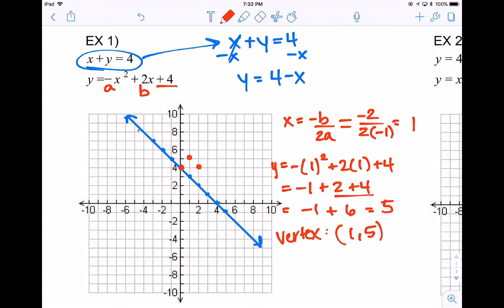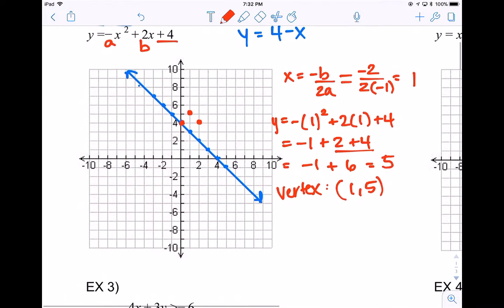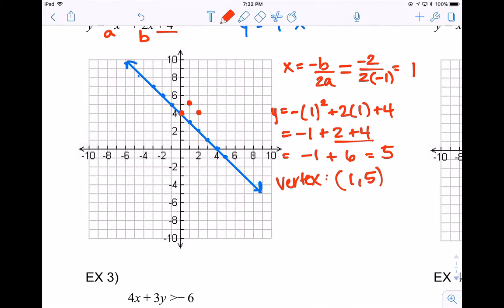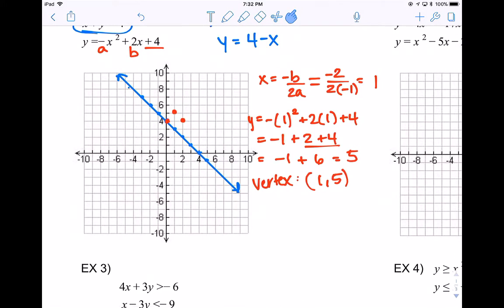So let's plug in 3, and we'll do the same thing we did when we plugged in the 1 earlier. We'll have y equals negative 3 squared plus 2 times 3 plus 4. We'll square 3 to get 9, then apply the negative to get negative 9. 2 times 3 is 6, plus 4. 6 plus 4 is 10, minus 9 gives us a 1.